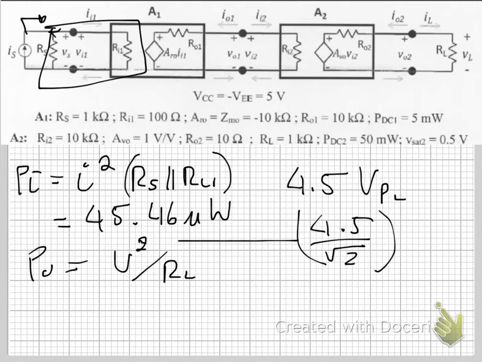So this is the V you're going to substitute in, and then you get your output power to be 10.13 milliwatts.